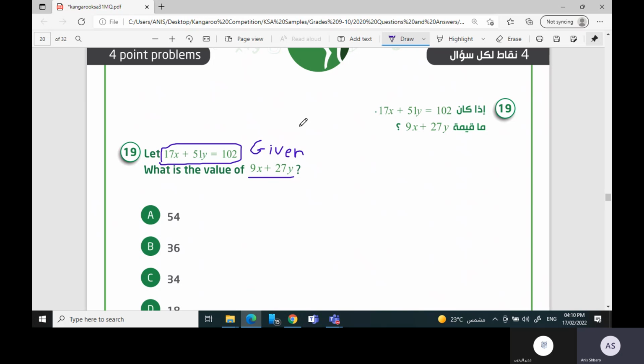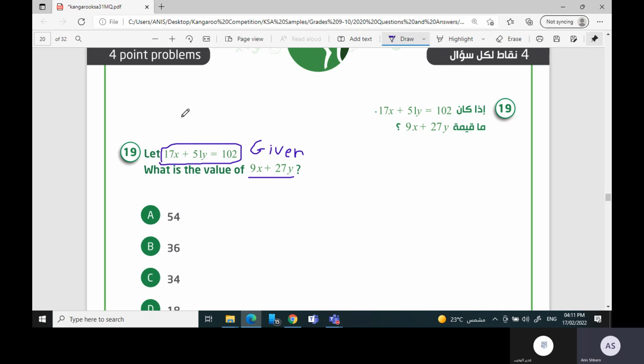So, when you are dealing with these problems, you can either find x or y alone, each in terms of the other, and combine them, which is a lot of work, or you can simply relate them. The coefficient here, 17x: 17 is a prime number, so I can't easily transform it to 9.